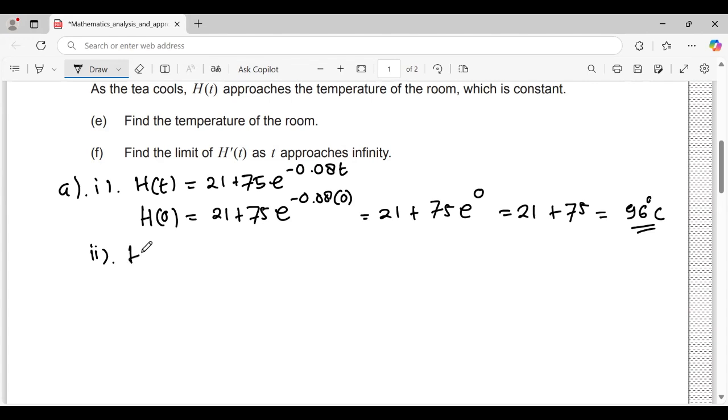The second, after 3 minutes, it means h(3) equals 21 plus 75 e power minus 0.08 times 3.